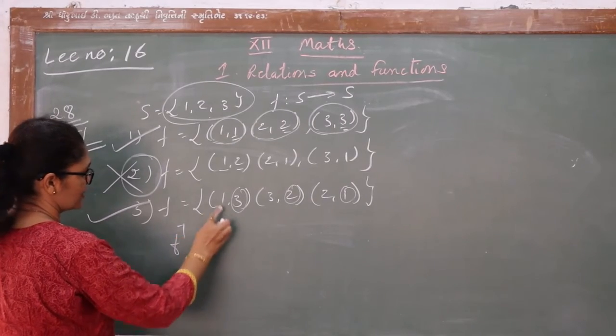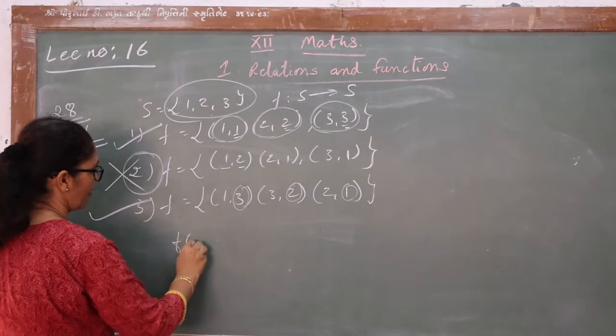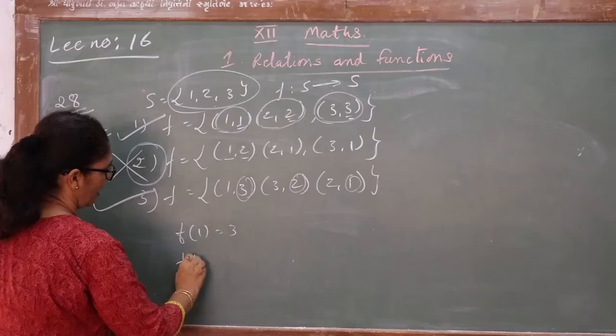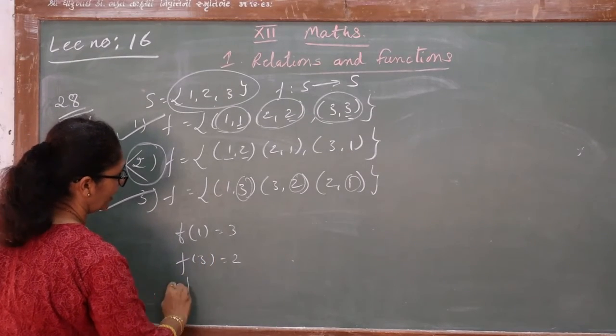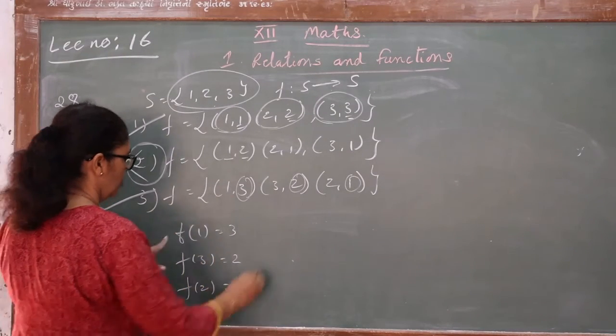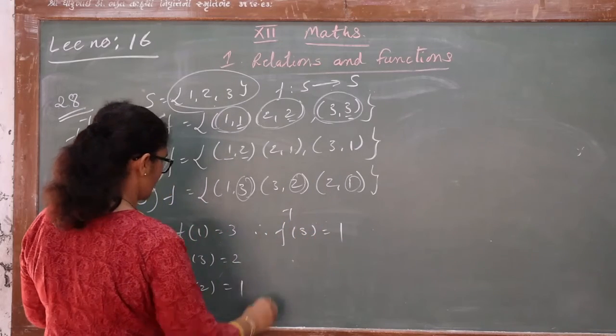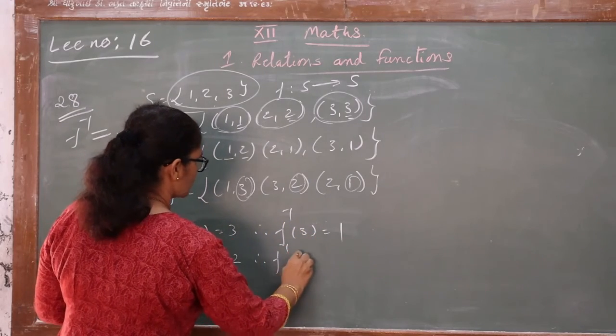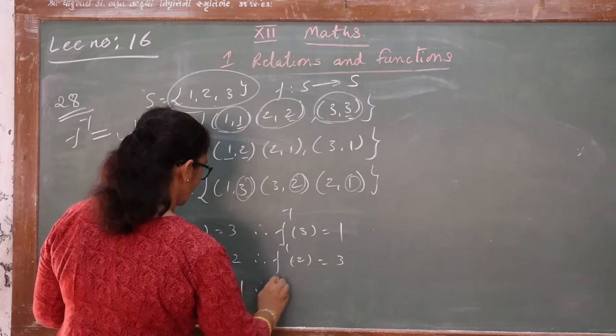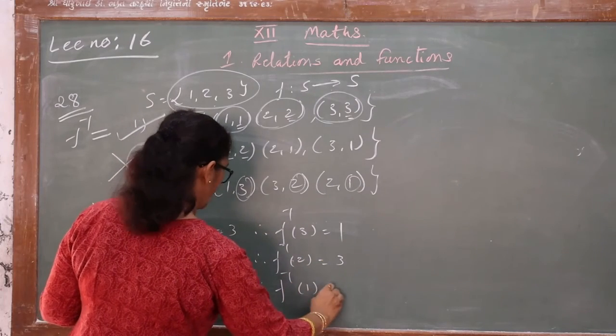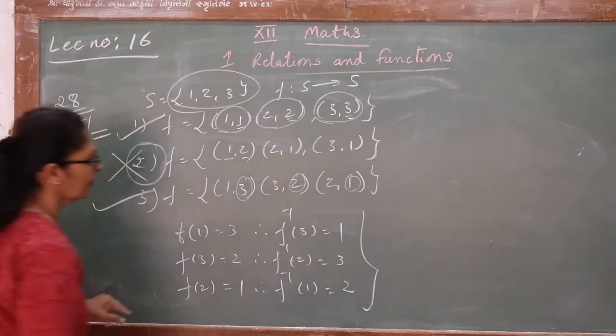So f inverse: see, first f of 1 is 3 given, f of 3 is 2 given, and f of 2 is 1 given. So what can you write as the inverse? f inverse of 3 is 1, f inverse of 2 is 3, and f inverse of 1 is 2. This is the inverse.